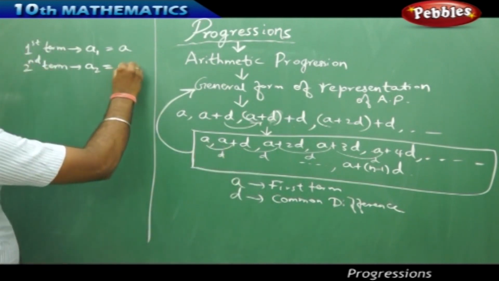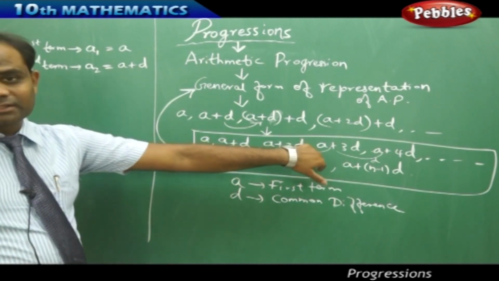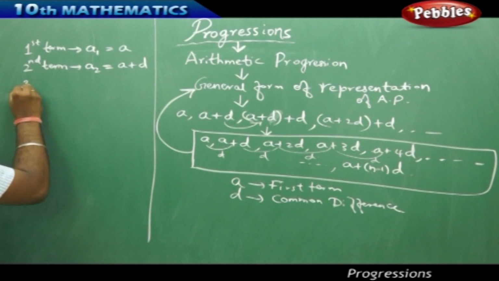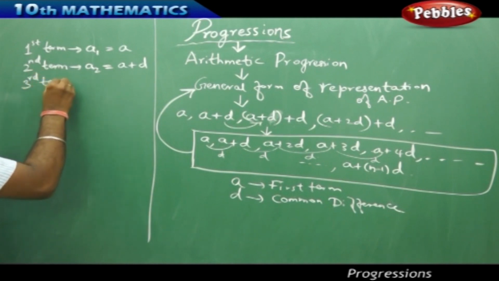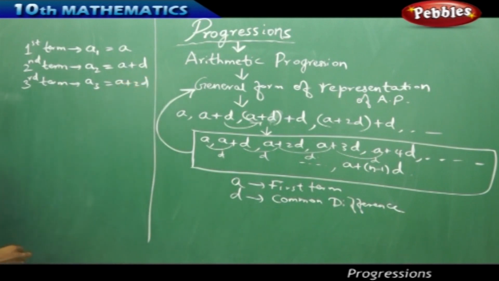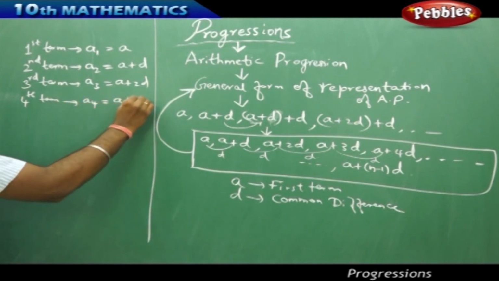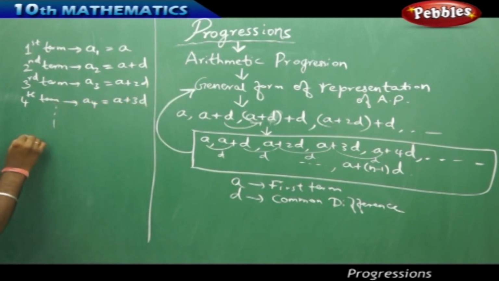Therefore, my a2 is a plus d. And similarly, my third term a3 will be a plus 2d, and similarly my fourth term a4 is a plus 3d, and so on.